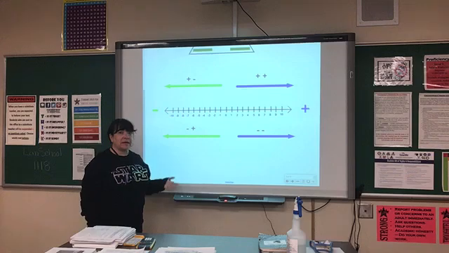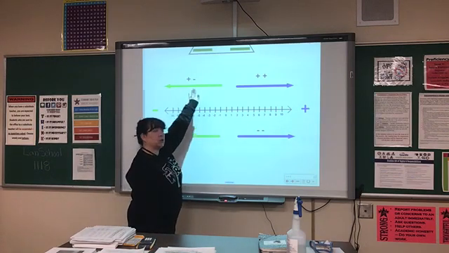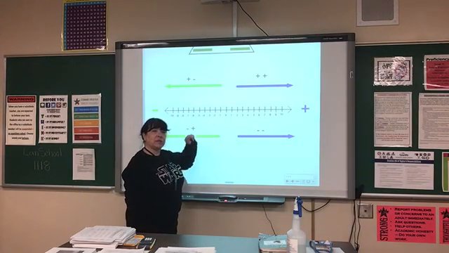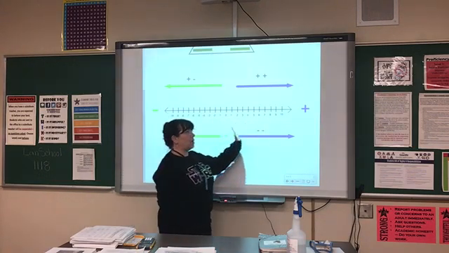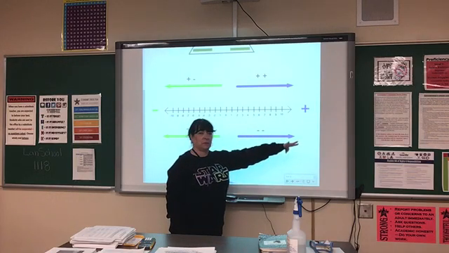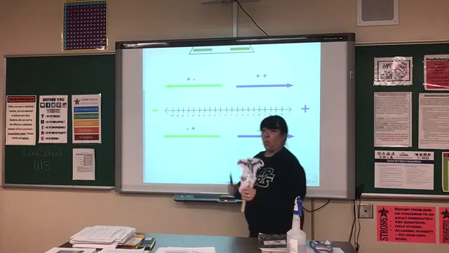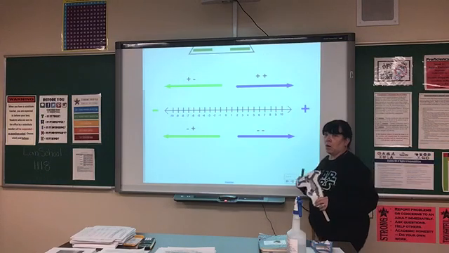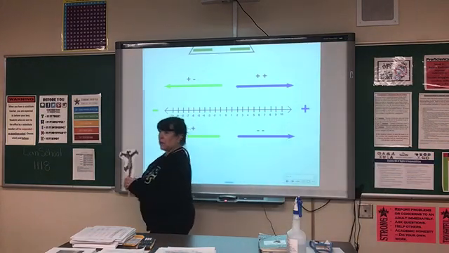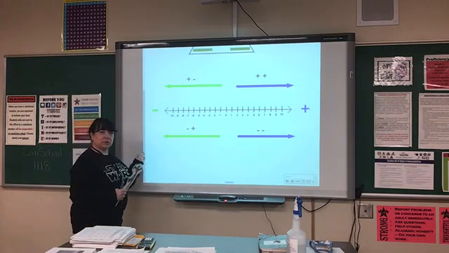Now I know that's a lot to think about, but if you remember that subtraction undoes addition, but multiplication is the repeated addition, you can see how all of those things lead you that direction. Either you're walking that way or you're walking that way and you end up with a positive, or you're walking this way or you're walking this way, and all things lead to a negative.